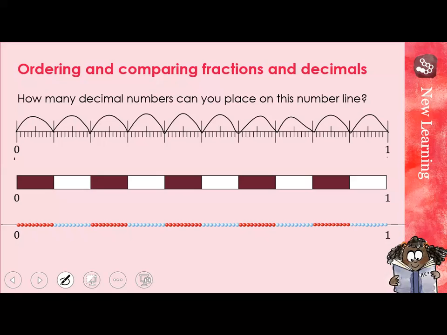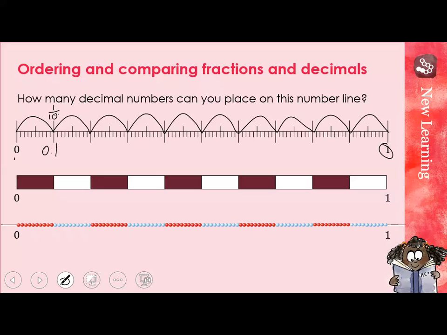So each of these jumps is equal to a tenth. How do I represent 1/10 as a decimal? You need to think back to your first lesson in this sequence this week, to remember that I represent that as 0.1.